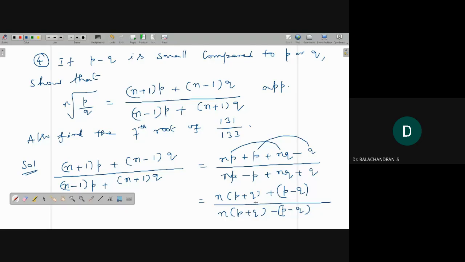Okay, here I should write in the form of 1 plus x. P minus Q is small, so this is a hint whether I need to take commonly n into P plus Q or P minus Q in the numerator. Yeah, n into P plus Q, because P minus Q small means you should keep that one in the numerator.